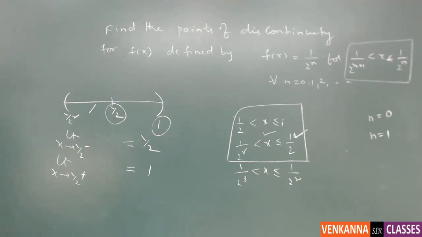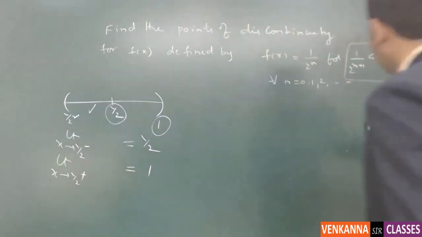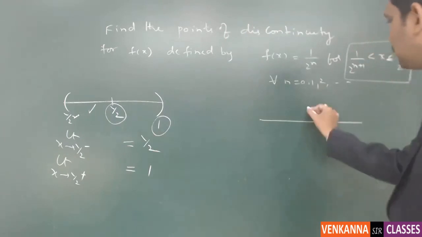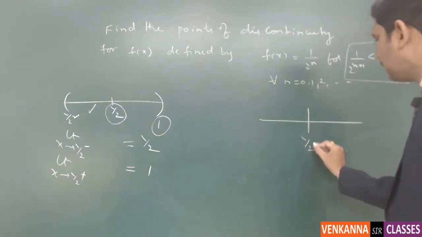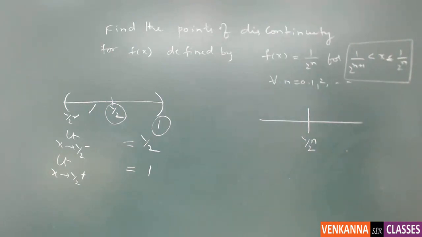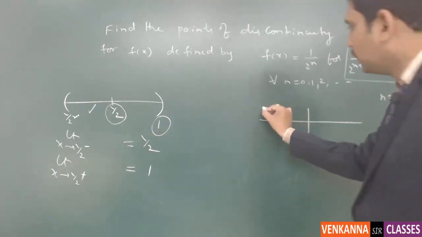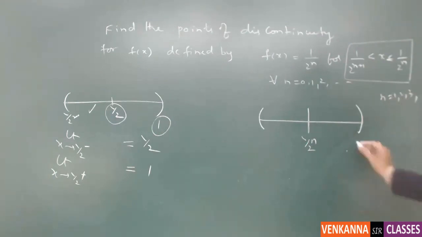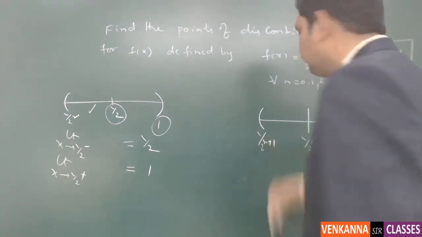Is it giving an idea or not? So if you generalize, if you have a neighborhood in this model, you are checking the discontinuity at the point 1/2ⁿ, where n will be 1, 2, 3, and so on. If you take n equal to 1, you are checking the discontinuity at 1/2. If you take n equal to 2, you are checking the discontinuity at 1/2², etc. So if you consider the right neighborhood and left neighborhood as well, 1/2ⁿ⁻¹ will come, 1/2ⁿ⁺¹ will come.